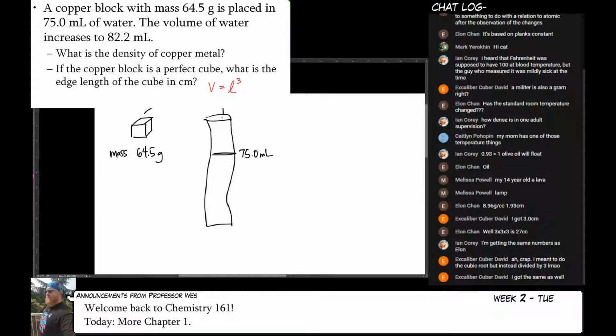Now, when I put the cube into the cylinder, and now the cube is in here, this water level goes up and is now 82.2 milliliters. Because when you put something in a liquid, you displace the liquid by the volume of the object that you're displacing it, right? So whatever this difference is must be the volume of the block. And so we can do that calculation really easily.